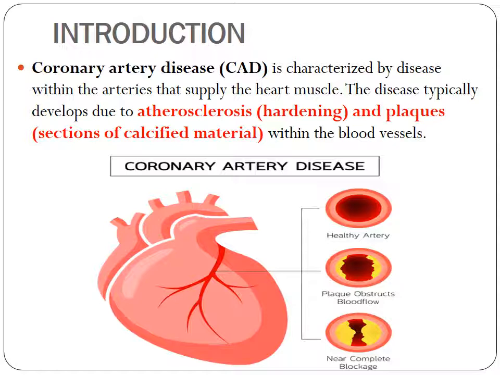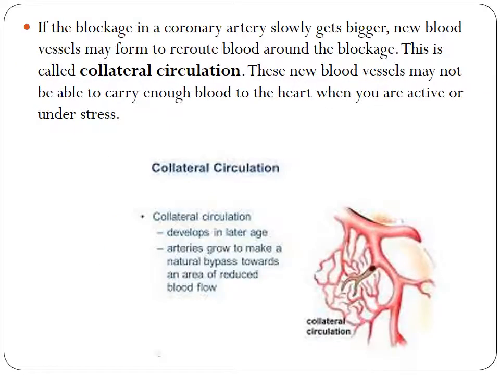This picture shows the red branch-like thing, which is the coronary artery. If anywhere in this vessel you find a blockage, a portion where there is this deposition of fat, then the blood is going to flow very minimally, and eventually the heart muscle is going to receive a lesser amount of blood.